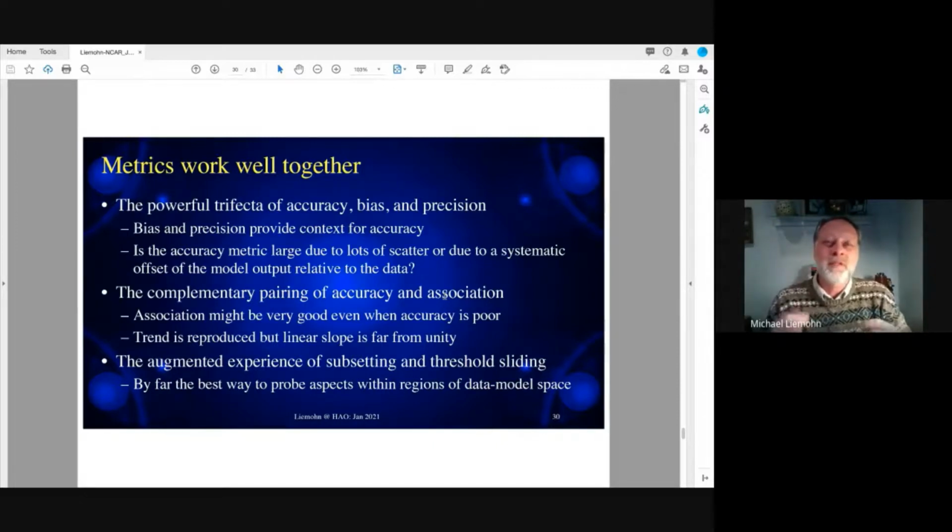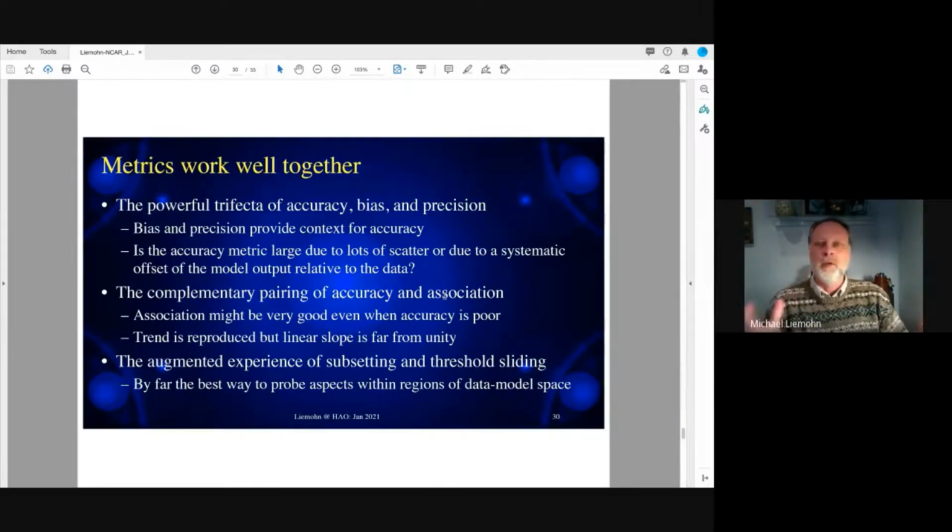Bias won't necessarily capture that, and neither will spread, but association will capture that linearity relationship between the two. So are you getting the up and down motion, even if your up-down is of different magnitudes? So those two go really well together.